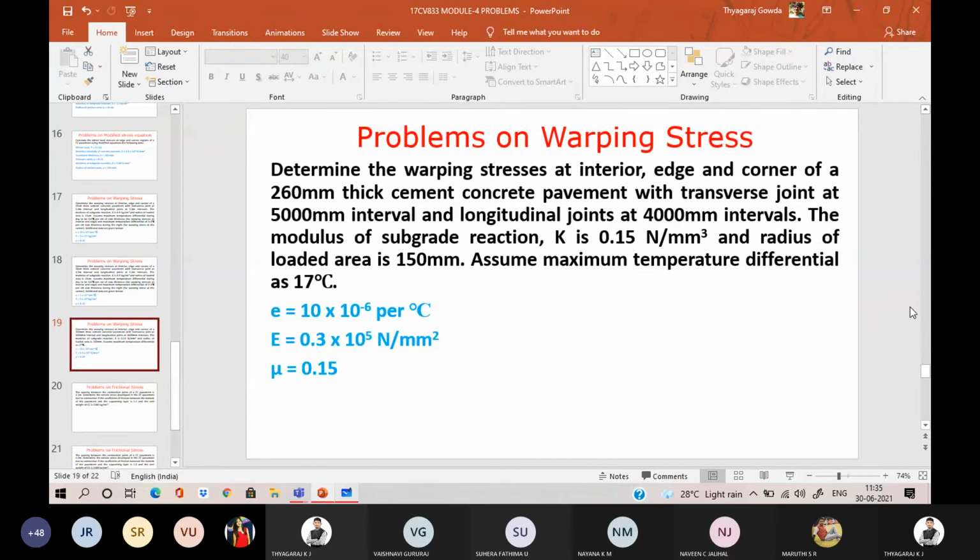So here they are given the common temperature differential, that is 17 degrees Celsius. So you have to consider only 17 degrees Celsius for interior, edge and corner stresses. They have not bifurcated the temperature differential.